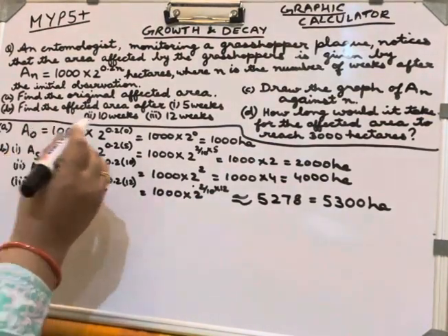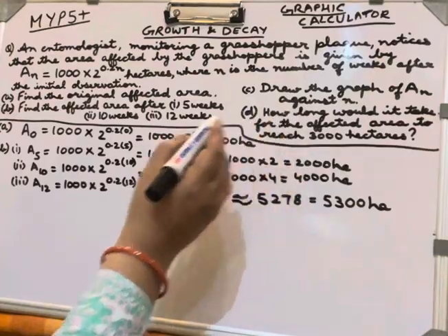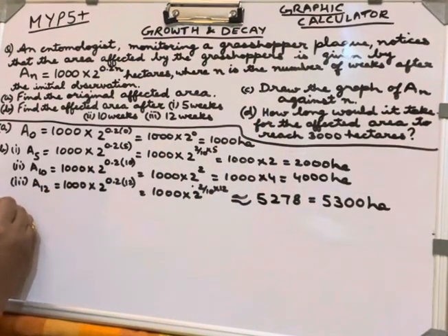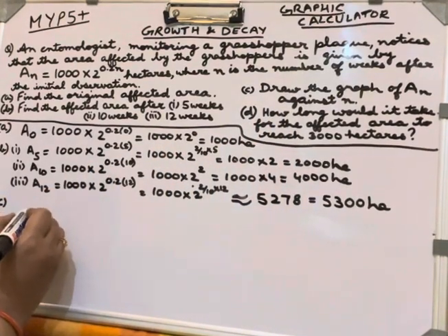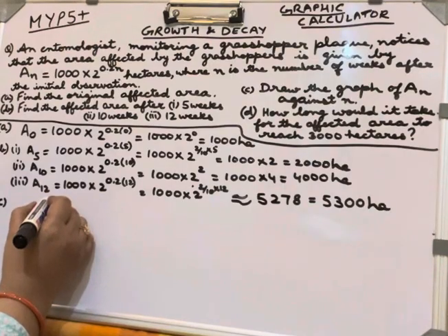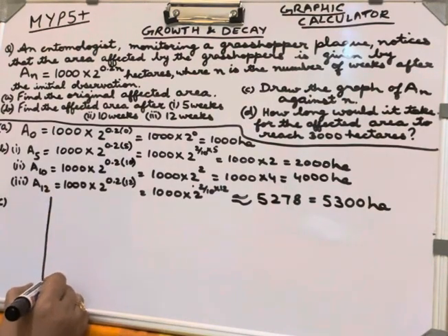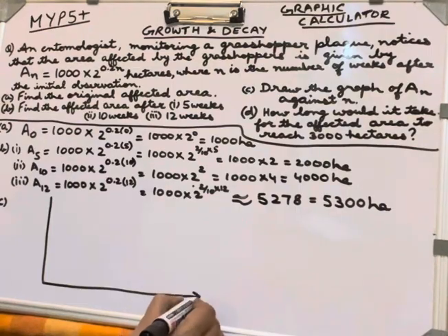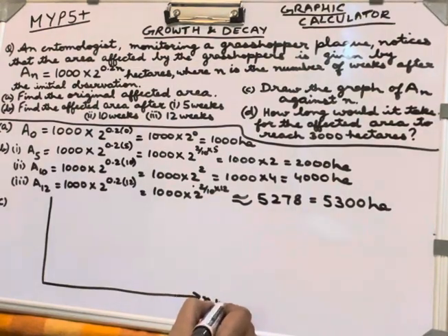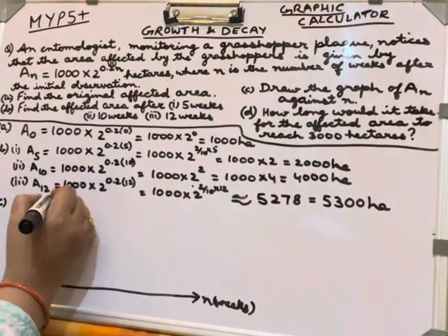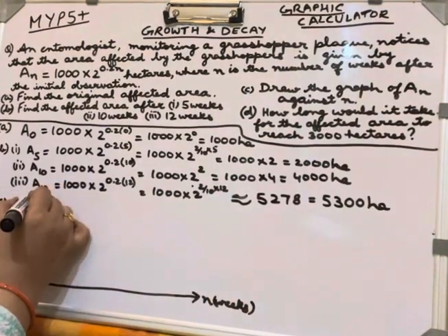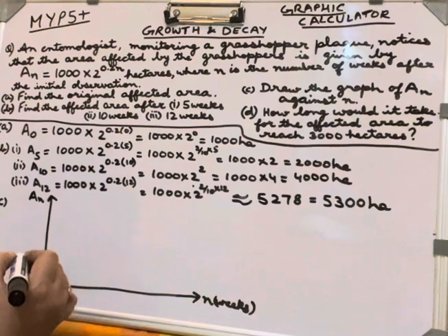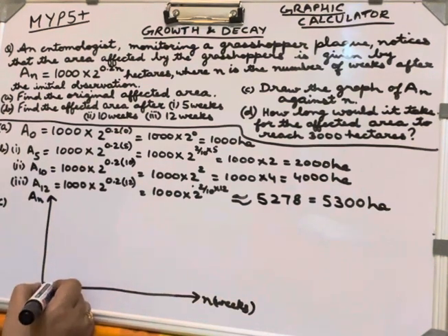Now part C, draw the graph of A_n against n. So I'll try to draw the graph here. Please note that this is just a rough sketch, not drawn to scale. On the x-axis we have n weeks, and on the y-axis we have A_n, the affected area. Now let's label the graph.